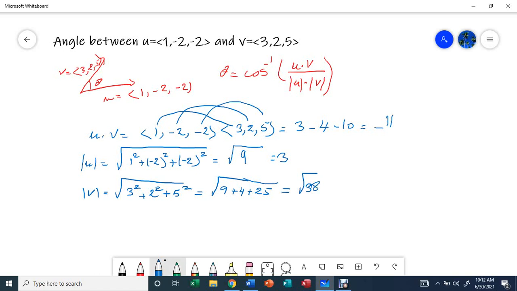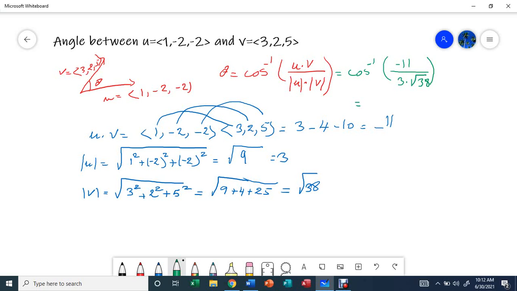And now let's move up and plug everything in here. So theta equals cosine inverse of u dot v, which we found is negative 11, divided by the magnitude of u, which is 3, times the magnitude of v, which is square root of 38. If you're using a calculator, make sure what you want the answer in.